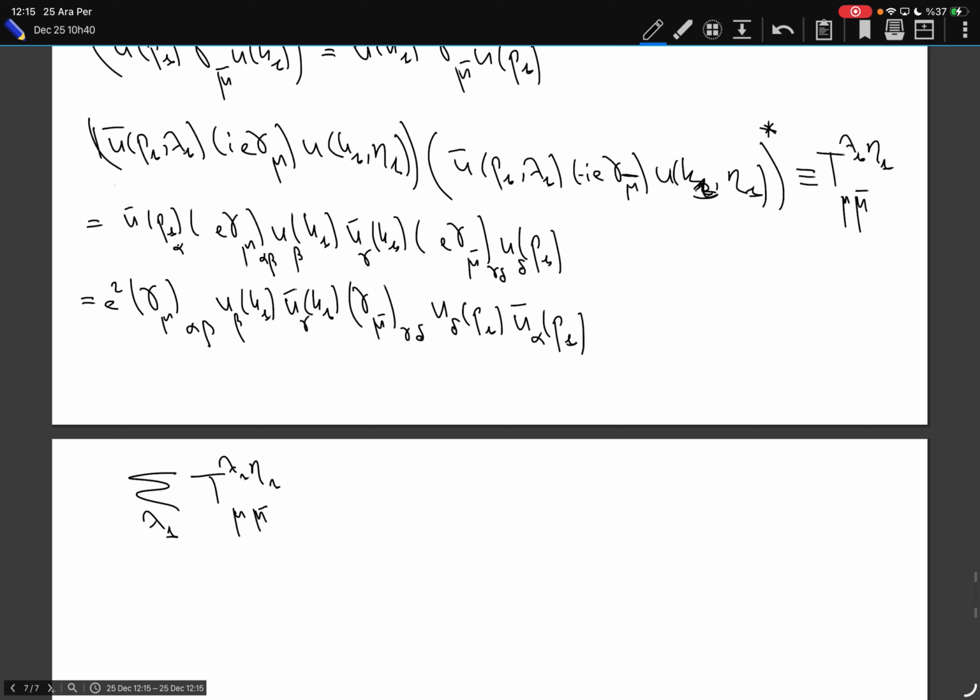U bar times U bar gamma. Can you say there is a Dirac delta? No, not Dirac delta, Kronecker delta. This is not a matrix product of U and U bar. We had already seen that U bar U, lambda prime, was proportional to the Kronecker delta lambda prime.